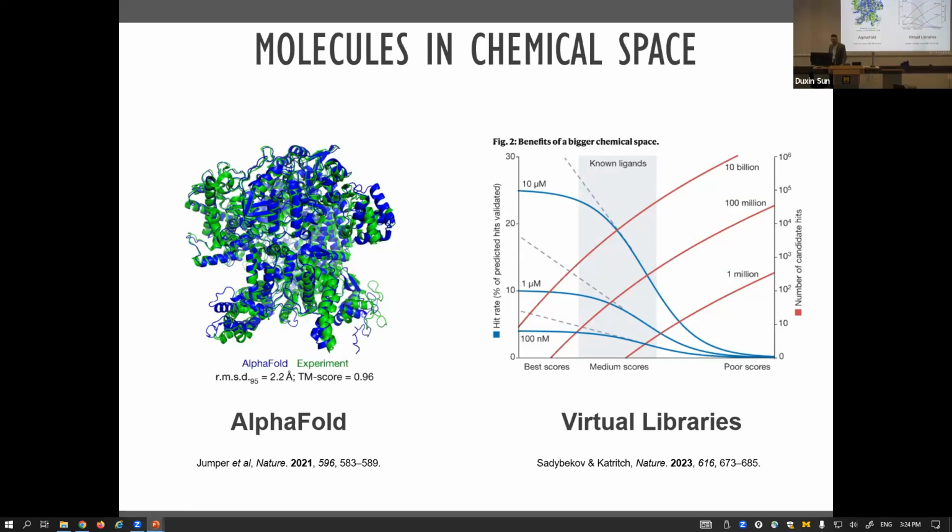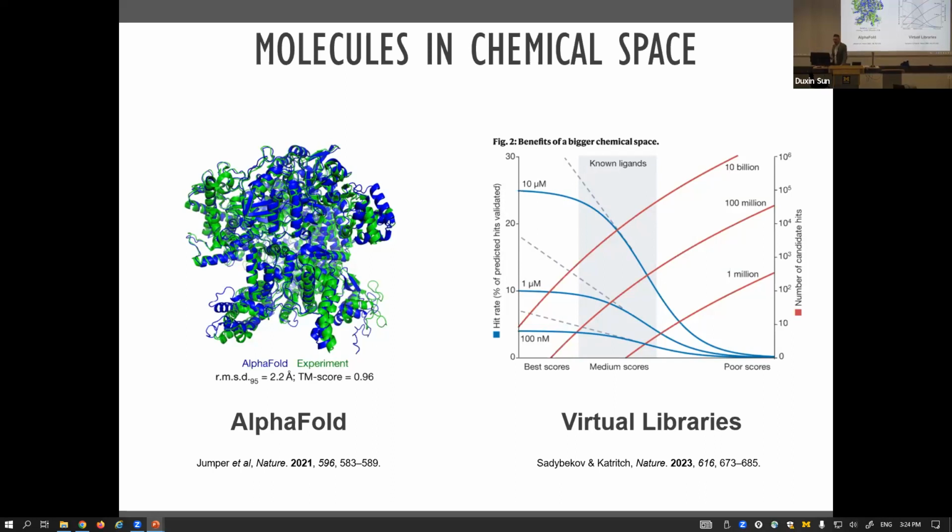AlphaFold is an algorithm based on all of the crystallographic data that's in the PDB database of protein crystal structures. On the basis of that available data and many years of research, the modern ability to predict protein structures is quite good. And AlphaFold is one popular way of doing this.